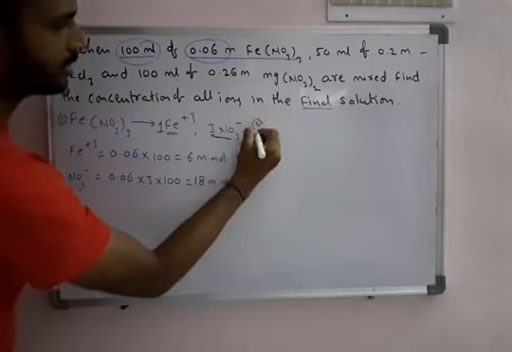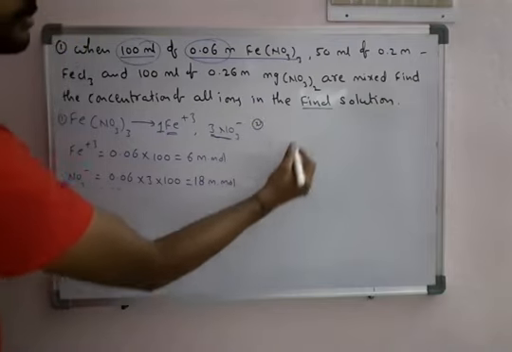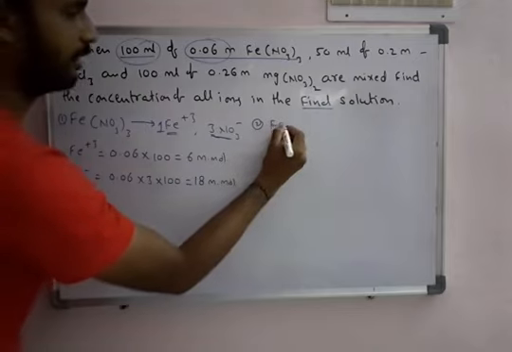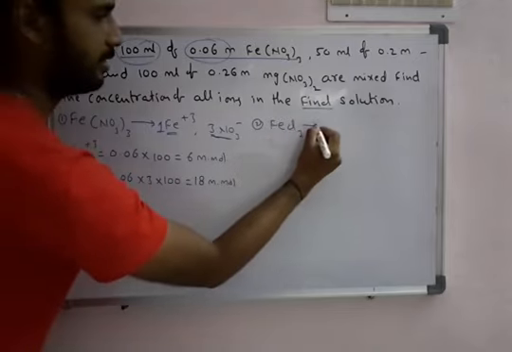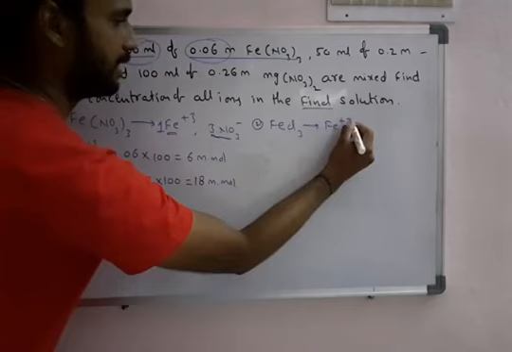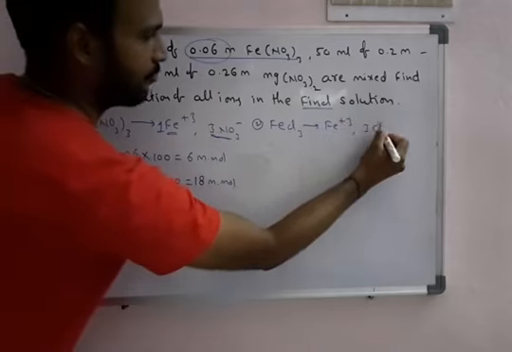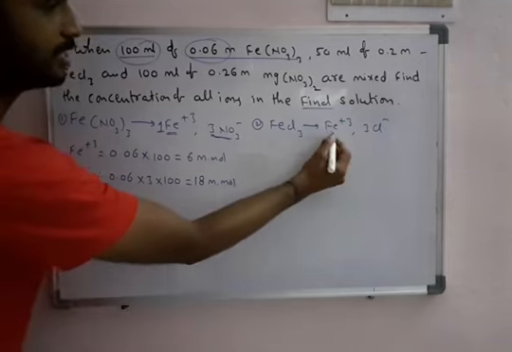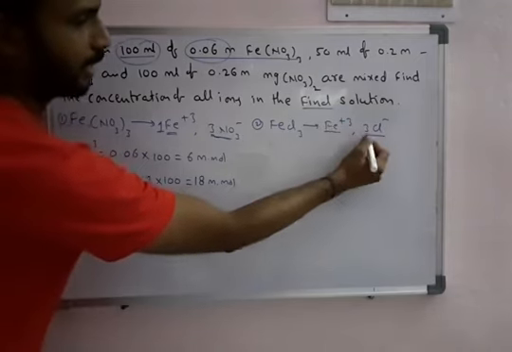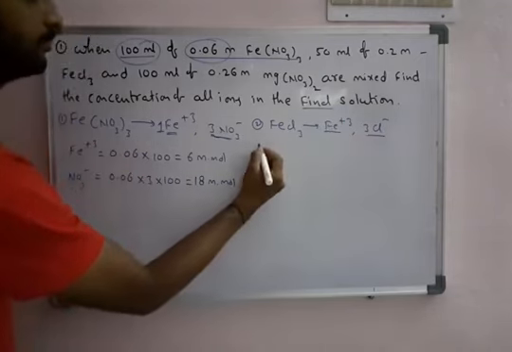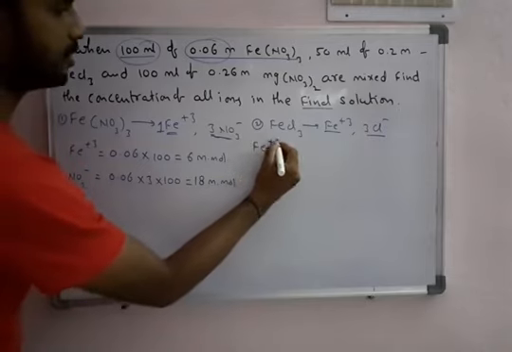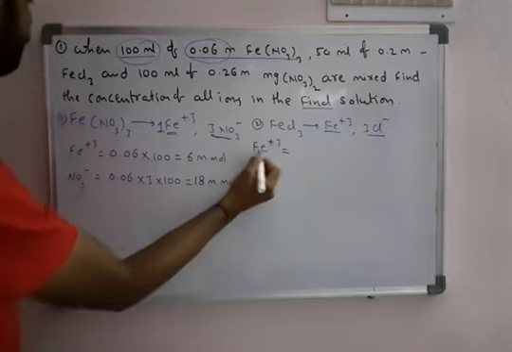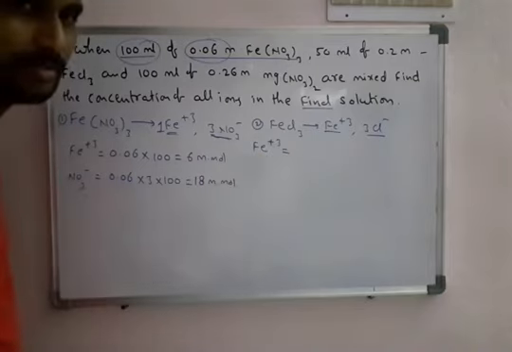Now see the second solution, ferric chloride. Ferric chloride means FeCl3. So it gives Fe+3 and 3 Cl-, 3 chloride ions. So Fe+3 is 1 mole, chloride is 3 moles. Now we see the Fe+3 concentration in the second solution in terms of millimoles.